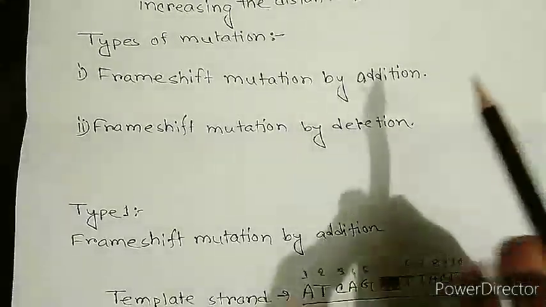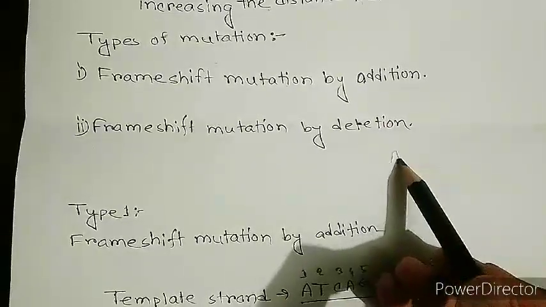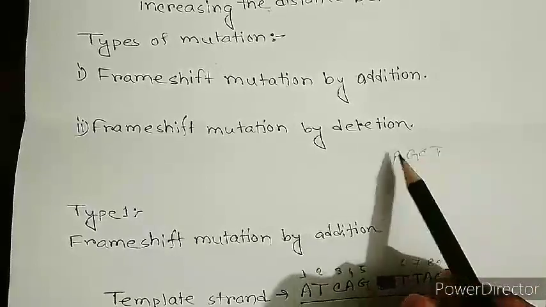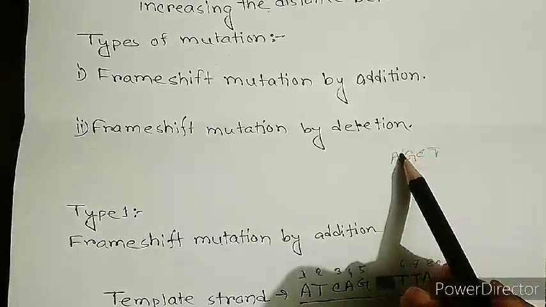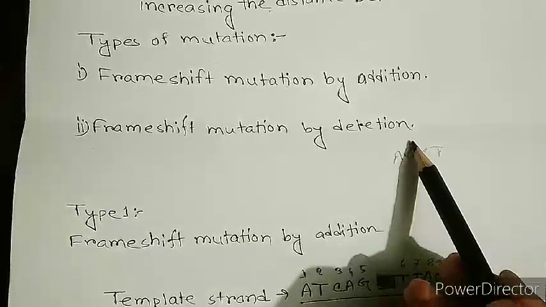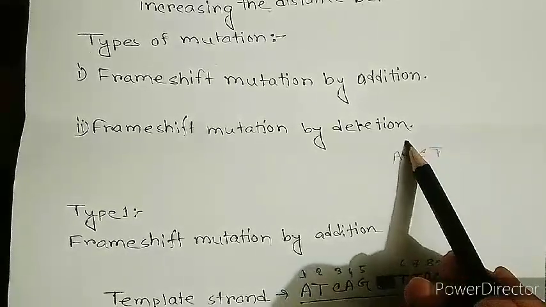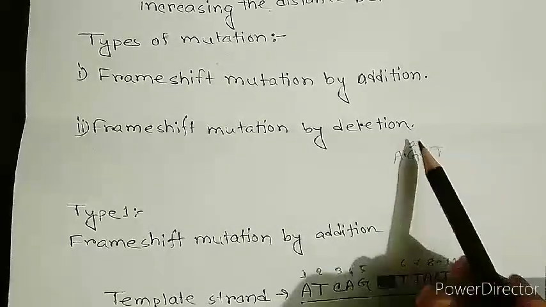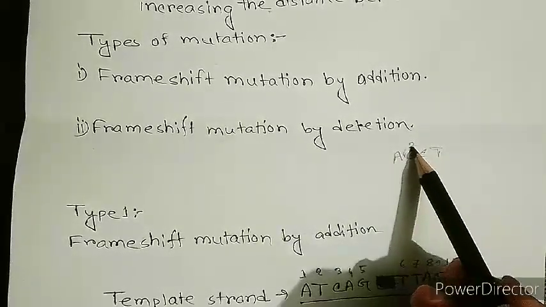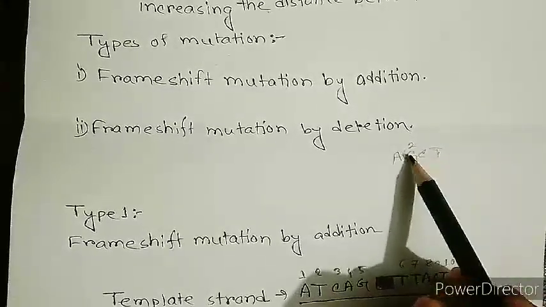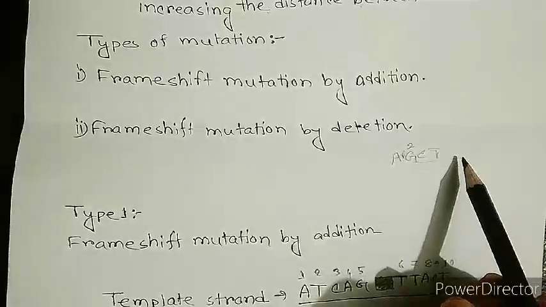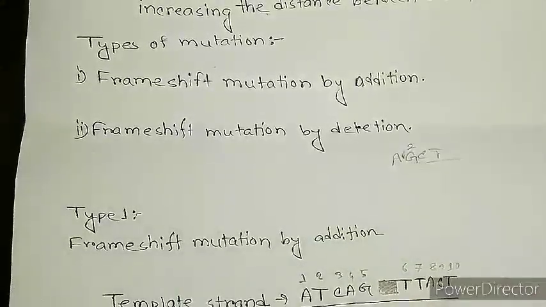For example, there were some bases like this: A, G, C, T. Now, if one base enters here, that changes this G's position from 2 to 3. This was in the second position before, but when something enters in between, this becomes the third base pair, and this causes the whole sequence behind this to change their position.